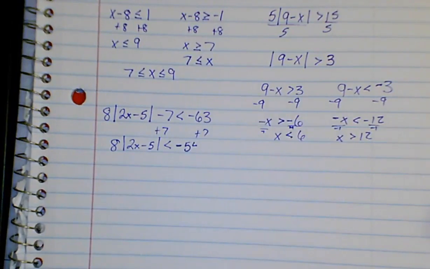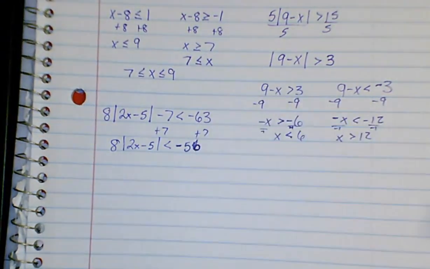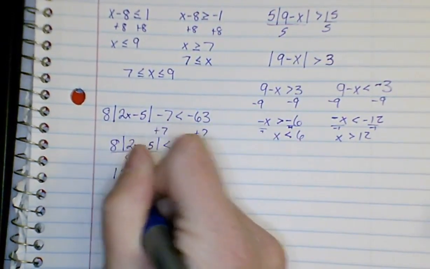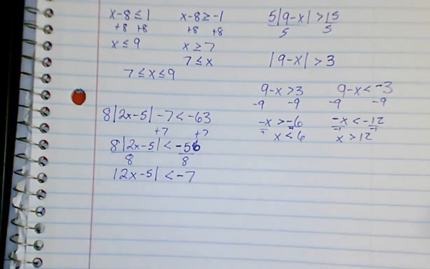Oh, I'm sorry. I'm going to use my calculator. 56. Okay. There we go. And then we divide by 8. So we have absolute value of 2x minus 5 is less than negative 7.